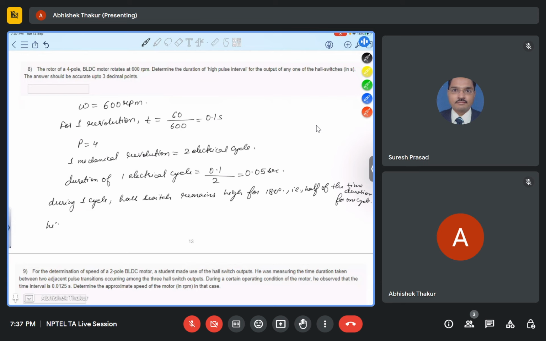So the high pulse interval is equal to 0.05 divided by 2, that is equal to 0.025 second. So for this question, 0.025 second is the correct answer: the duration of the high pulse interval for the output of any of the Hall switches is 0.025 second.